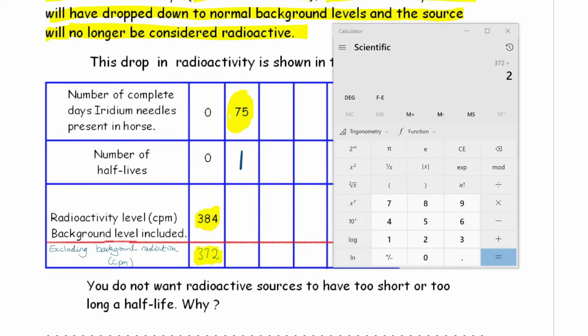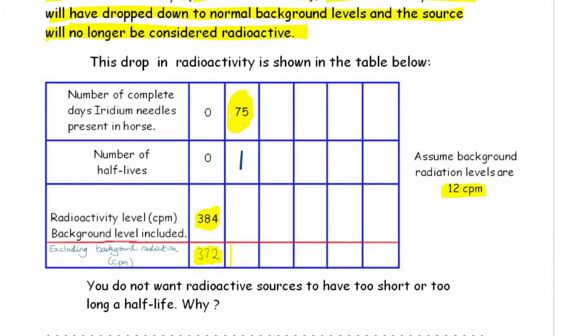So all we're doing is dividing 372 by 2, and that gives us 186. And I'd add on 12 for the background level.